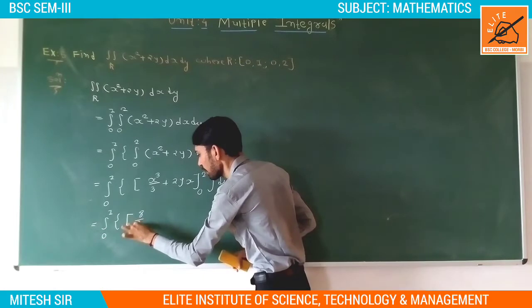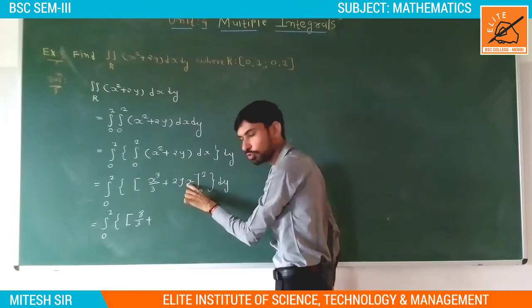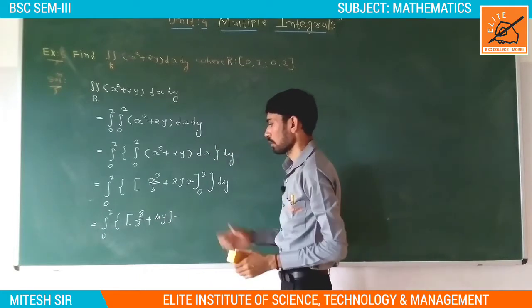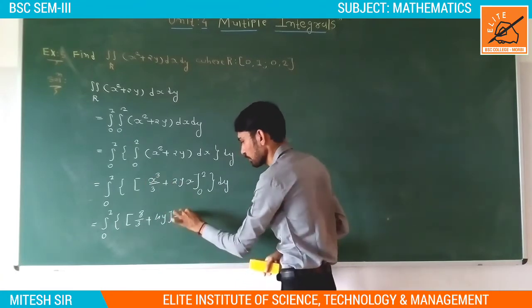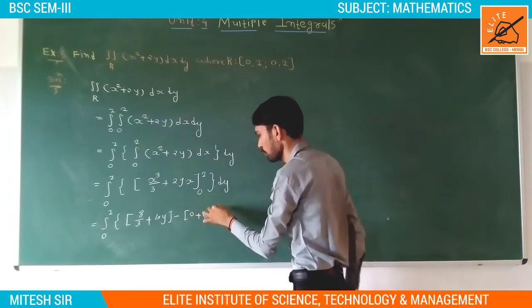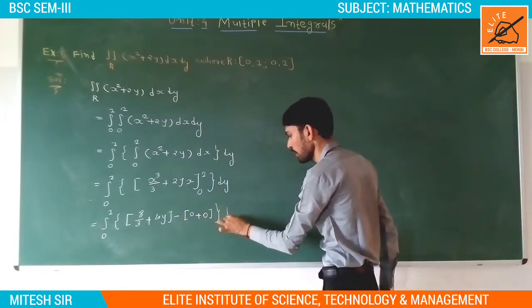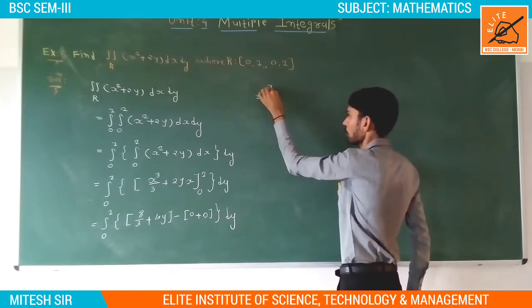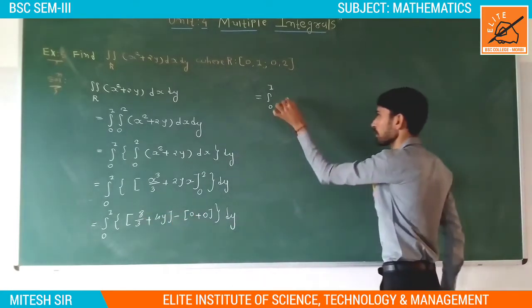So 8 by 3 plus, in place of x we put 2, so 2y into 2 becomes 4y. So this is the upper limit. Minus, now our lower limit is 0. So putting 0 in place of x gives 0, plus 2yx means 2y into 0, so again it is 0. So friends, the whole lower limit becomes 0, into dy. Now just do the simplification: integration 0 to 1, we just have the function remaining, 8 by 3 plus 4y.